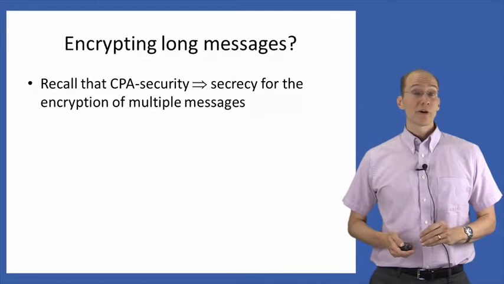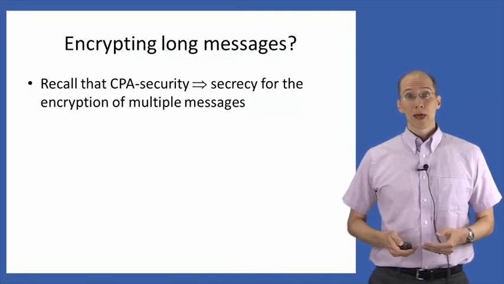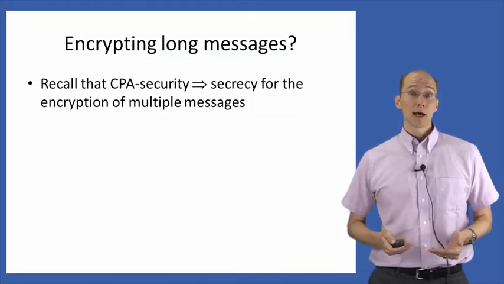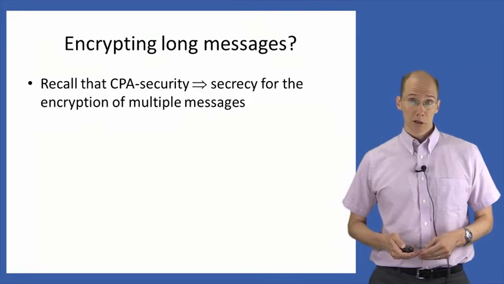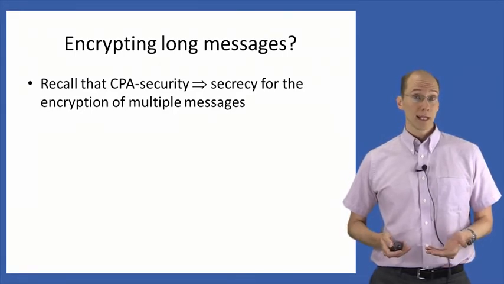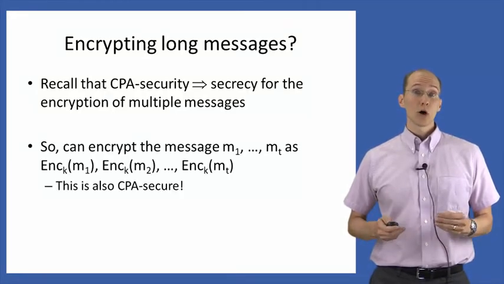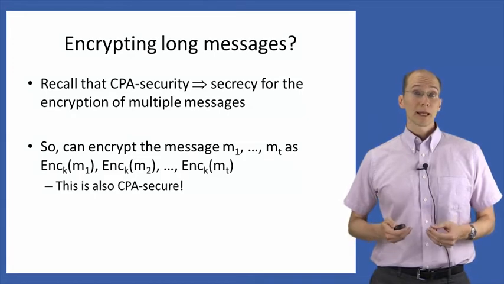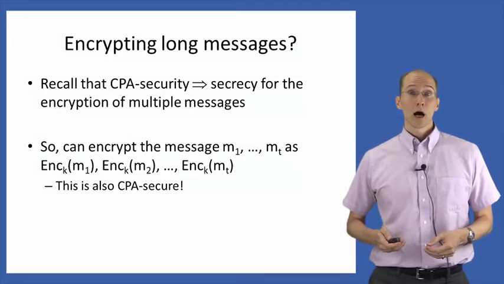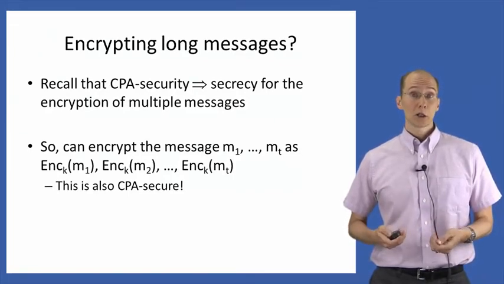And we can do that very easily. So remember that CPA security implies secrecy for the encryption of multiple messages. This is something that we stated in a previous lecture, even though we didn't prove it. Now, what that means is that we can encrypt a long message by simply breaking it up into a sequence of n-bit chunks, and then applying the encryption scheme from the previous slide to each chunk.